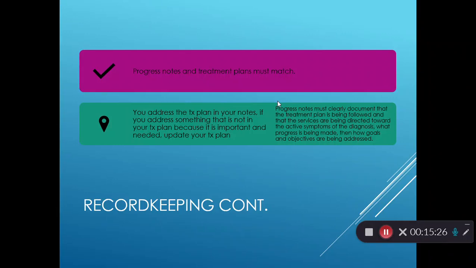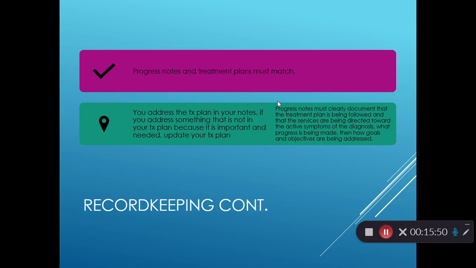One of the most important things is when you do an intake with somebody, and as an administrator, you're teaching people how things should match. When an intake is done, that is when a diagnosis is put with that person. So when you talk about a diagnosis, to treatment planning, to progress notes, those should align.